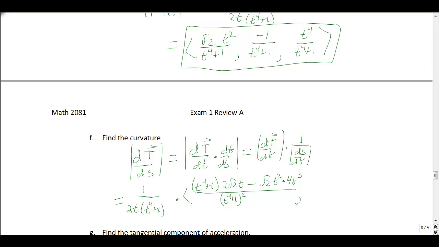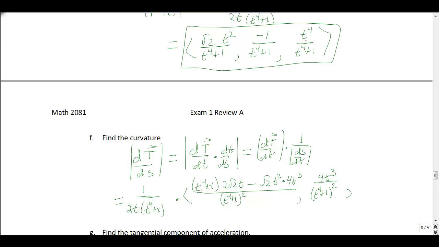Second component here, I could do a quotient rule. Let's just do that. So it's bottom times the derivative of the top, but the derivative of the top is 0, so I don't need that. So it's minus top times the derivative of the bottom. So what I'm going to get is minus negative 1, that's plus 1. So I get 4t cubed over t to the 4th plus 1 squared.